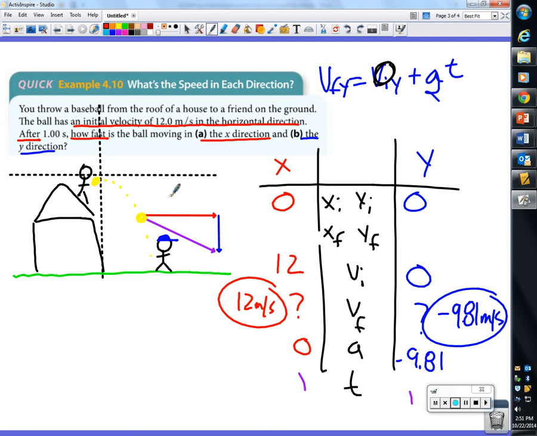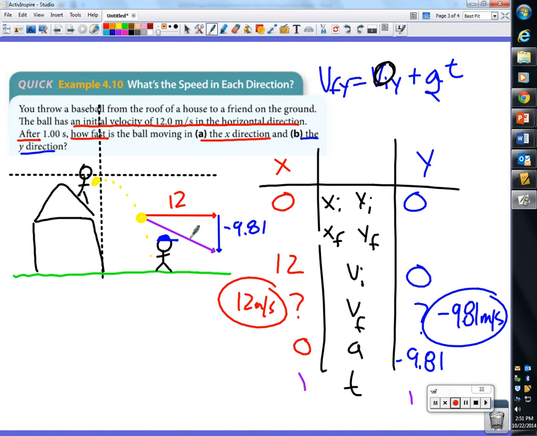We know that this is 12. We know that this is negative 9.81 because it points downward. But in order to find purple, what are we going to have to do? Pythagorean theorem, right? So does it matter that this one's negative? Because what are you doing to it anyway? You square it anyway. All right?